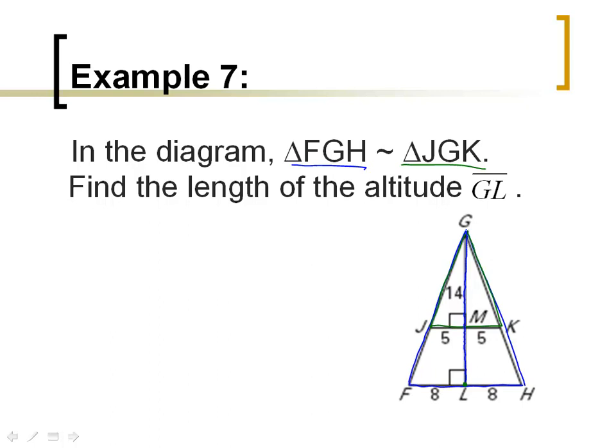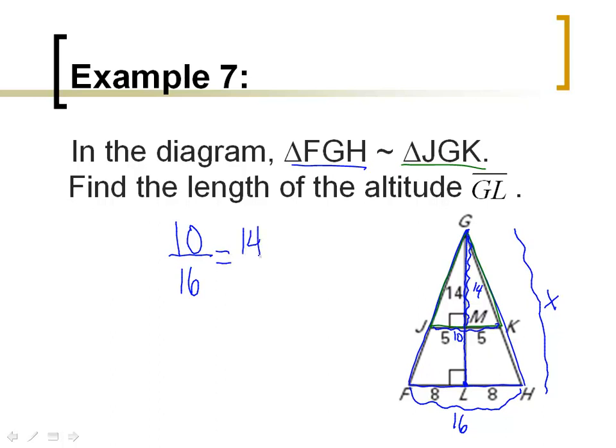So this is the side, this whole entire thing, from G to L, segment GL, I want to find that length right there. So I'm going to set up a proportion. Well, the base of this triangle is 16, and the base of this green triangle is 10. The altitude of this green triangle is 14, and we don't know this entire altitude. That's my unknown. So I'm going to say 10 over 16, that's the base of the smaller over the base of the larger triangle, equals 14, that's the altitude of my smaller triangle, over x, the altitude of my larger triangle.